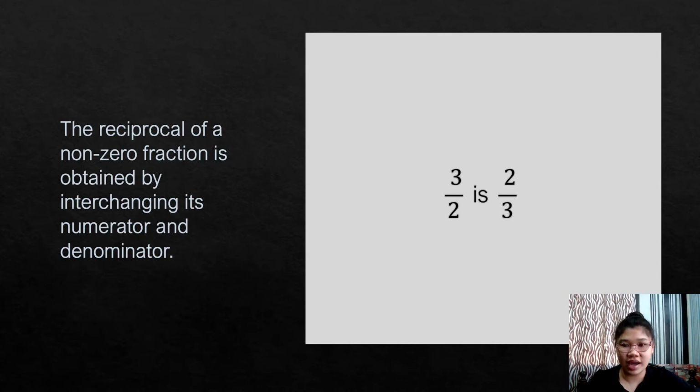The reciprocal of 3/2 is 2 over 3, wherein the numerator 3 is interchanged to be the denominator of the resulting reciprocal, and then the denominator 2 is interchanged to be the numerator of the resulting reciprocal.